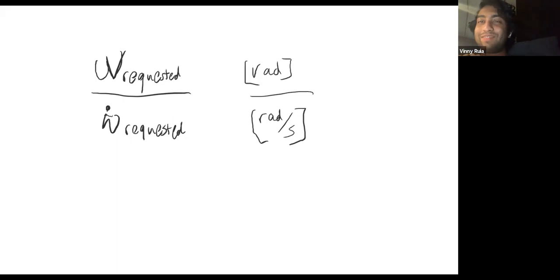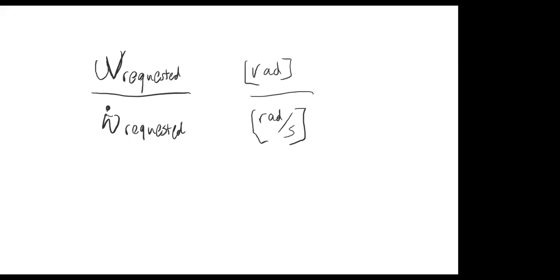So the rotational velocity would be radians per second over, and Jeff just said it, your forward velocity, which would be meters per second.